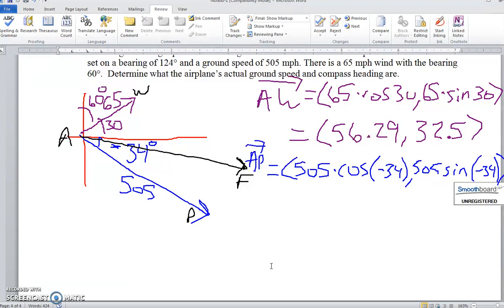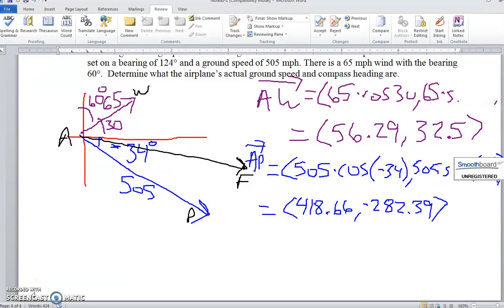I need to calculate this out on my calculator, so bear with me. When I calculate that out, I get 418.66 and negative 282.39.